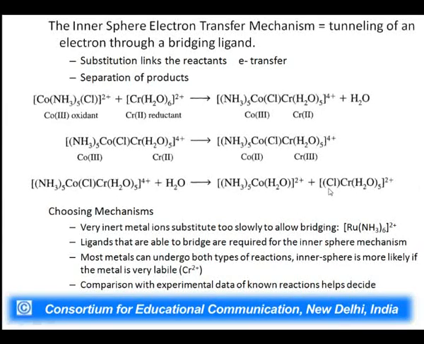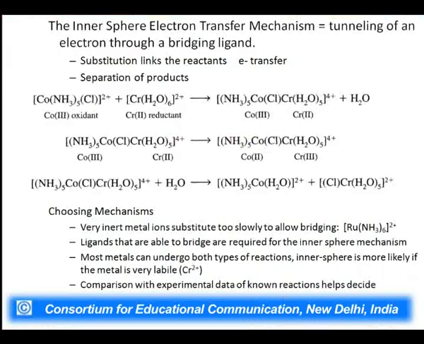Which mechanism they will choose depends on the metal ions. Very inert metal ions substitute too slowly to allow bridging, so in those cases they follow the outer sphere reaction pathway. Ligands that are able to bridge generally follow the inner sphere mechanism, and most metals can undergo both types of reactions. Inner sphere is more likely if the metal is more labile, and if the metals are inert, then they will follow the outer sphere mechanism.